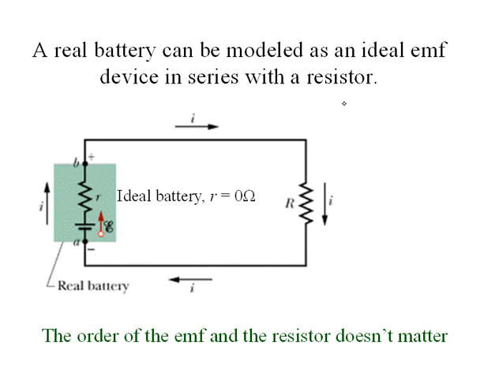So let's look again at our ideal battery. We said we can model a real battery as an ideal EMF, which we have here modeled as our battery with the EMF arrow, in series with a resistor, where that series resistor represents the energy loss that the battery experiences when it's trying to deliver power to the rest of the circuit.